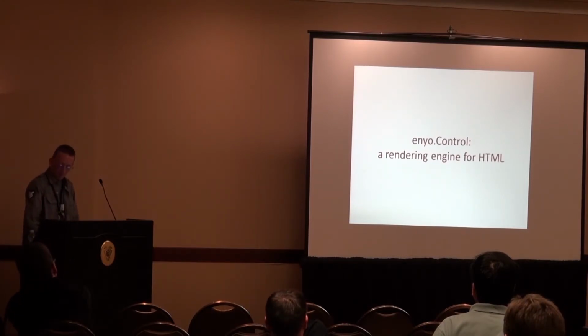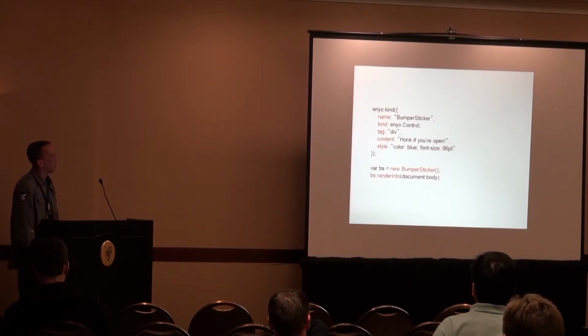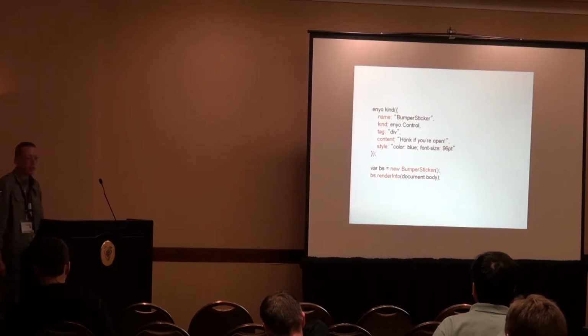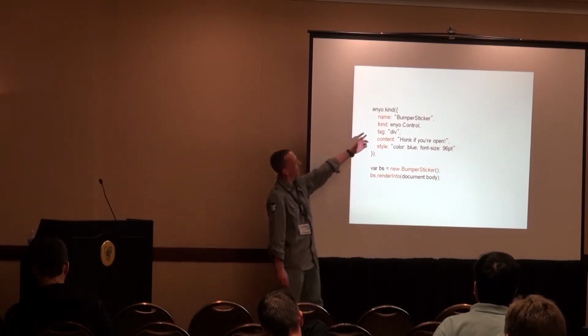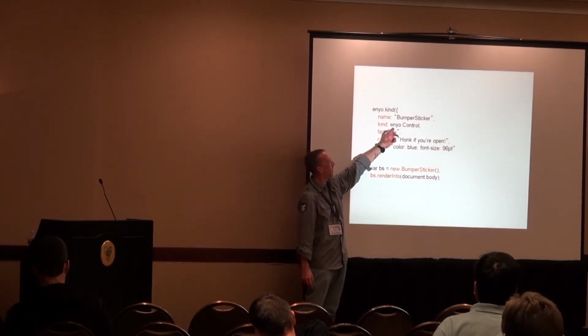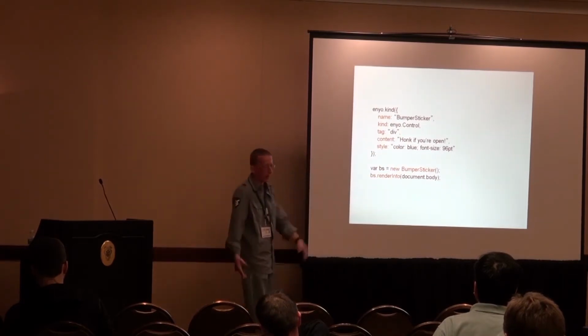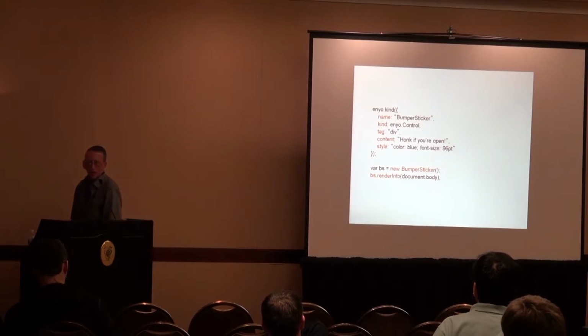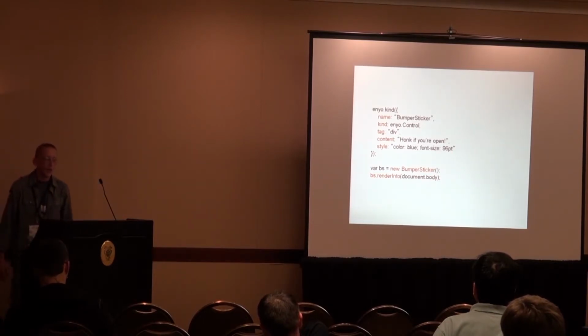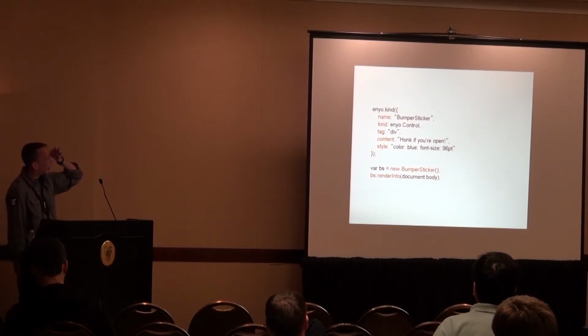All right. So here's an example where I'm creating a kind, bumper sticker. Remember what I said: if you don't include the kind that you're extending, most of the time by default it's going to be an Enyo.Control. I'd just get in the habit of telling it what kind I'm extending anyway. It's just one more line, about 16 characters. I can tell it what tag I want it to have.